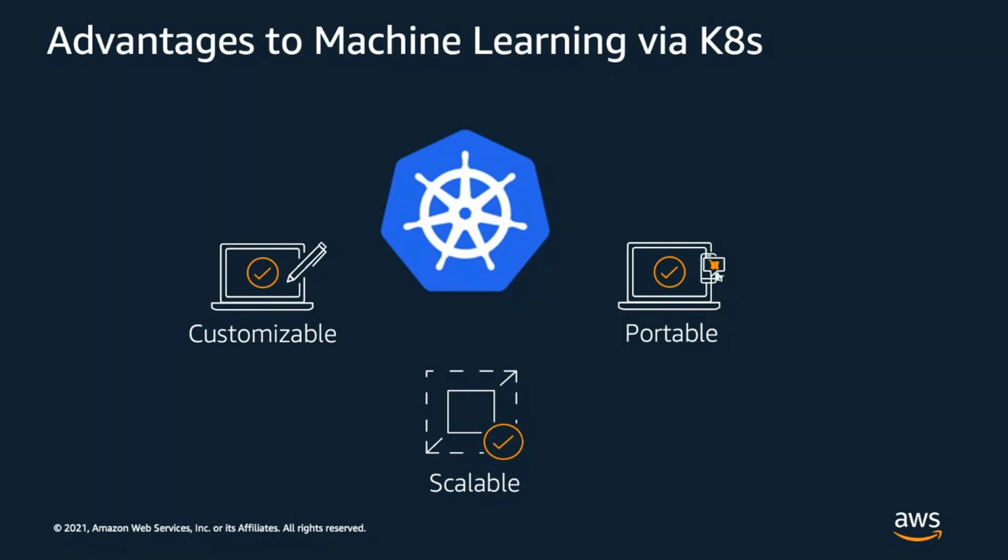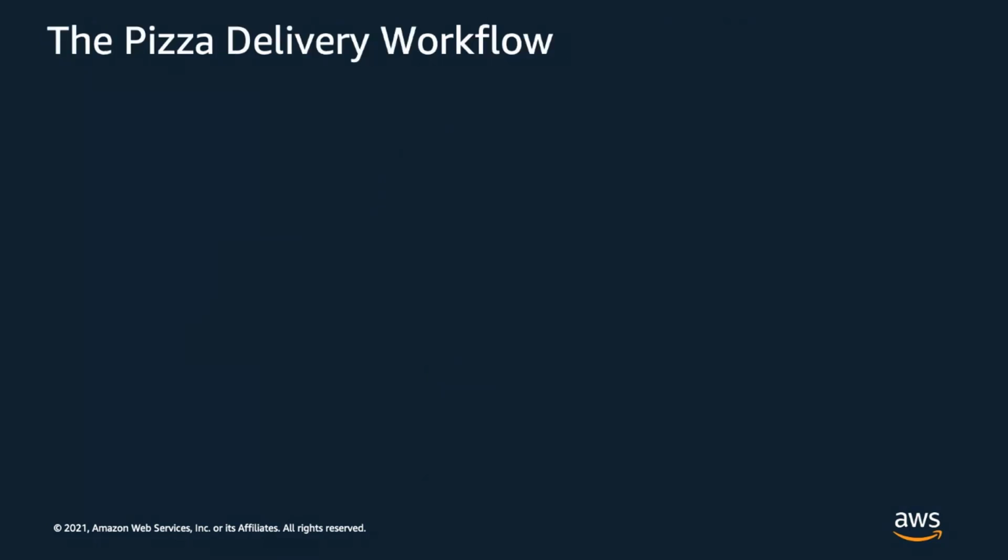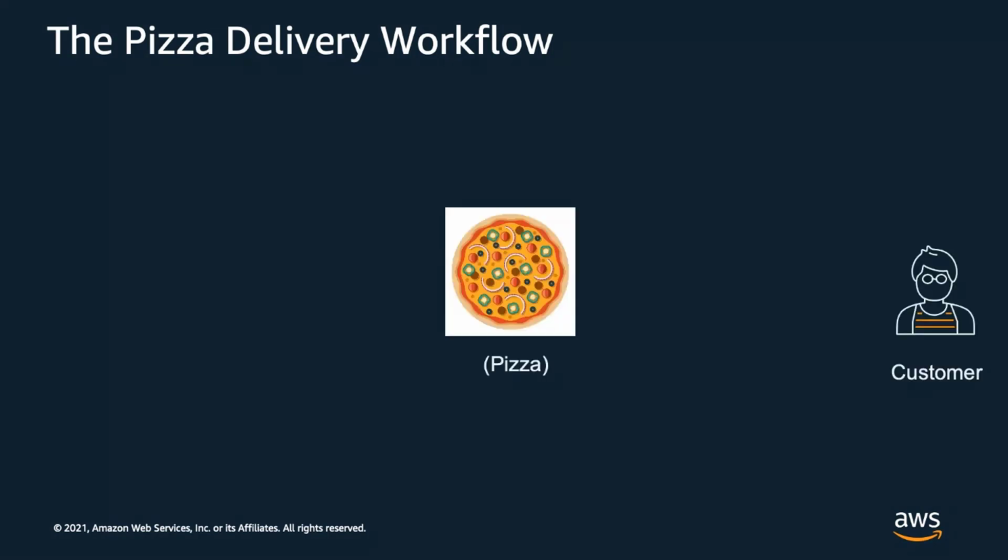Thank you, Naina. Before we jump into EKS and deep learning containers, I want to talk about pizza. Not just because pizza is amazing, but also because we can think of our ML workflows in the same way we think of a pizza delivery pipeline. When a customer makes a request for pizza, there are some things that go on behind the scenes.